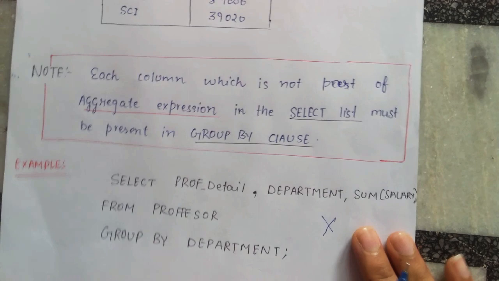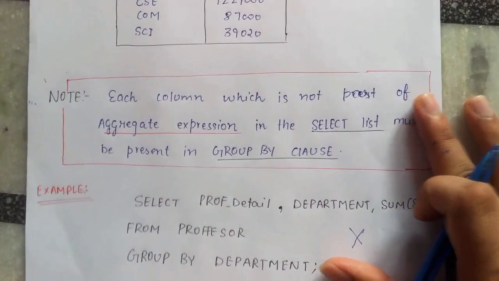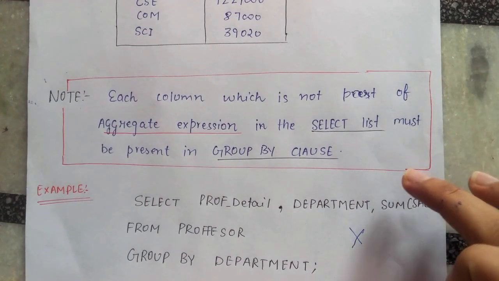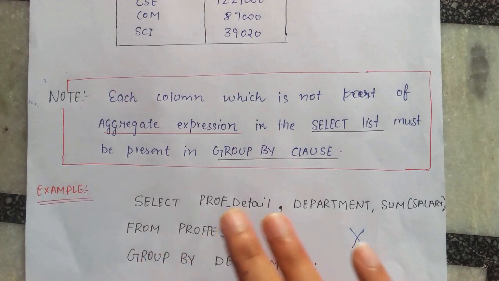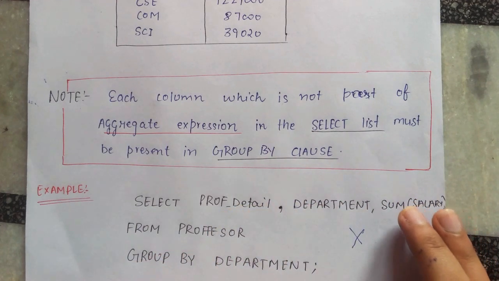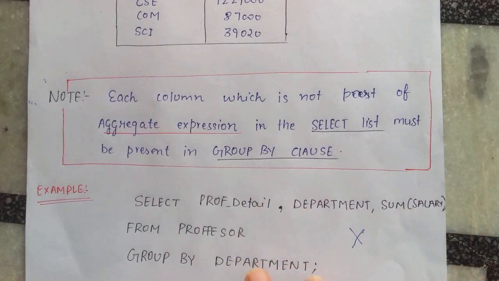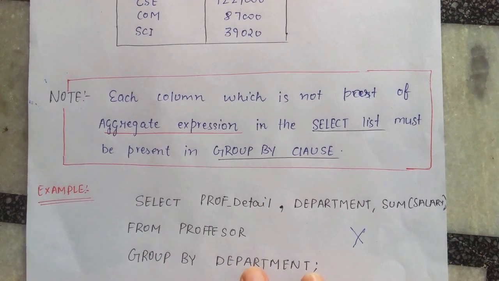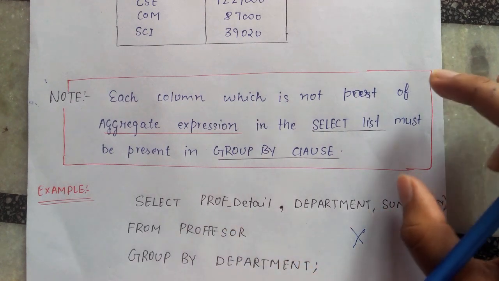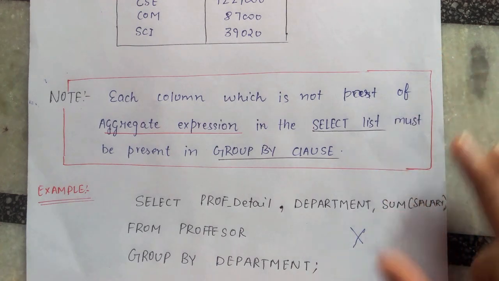This condition must be true for every query that uses the group by clause: all the columns except the column that is a part of the aggregate function must be present in the group by clause. If we want to make this query correct, we will also have to mention professor detail here. This is the important note that one must know about the group by clause.